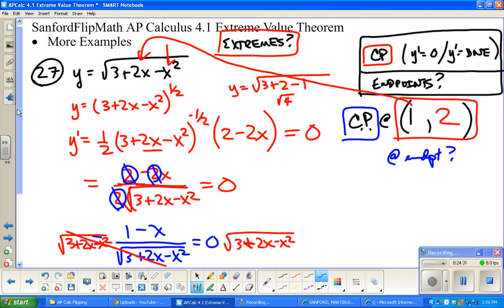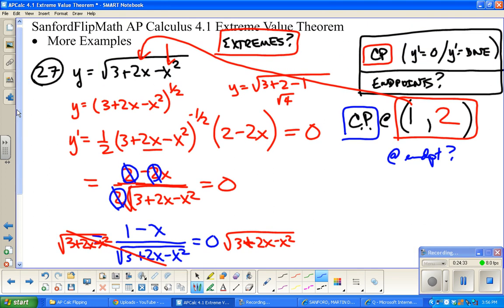One other little issue here is, remember that you can only take the square root of things that are positive. There are no endpoints specifically stated here, but there are endpoints implied by the fact that you're taking a square root. Remember, the domain of a function is really about what x values you're allowed to use, and this function only has certain x values that are allowed. I can't take the square root of a negative.